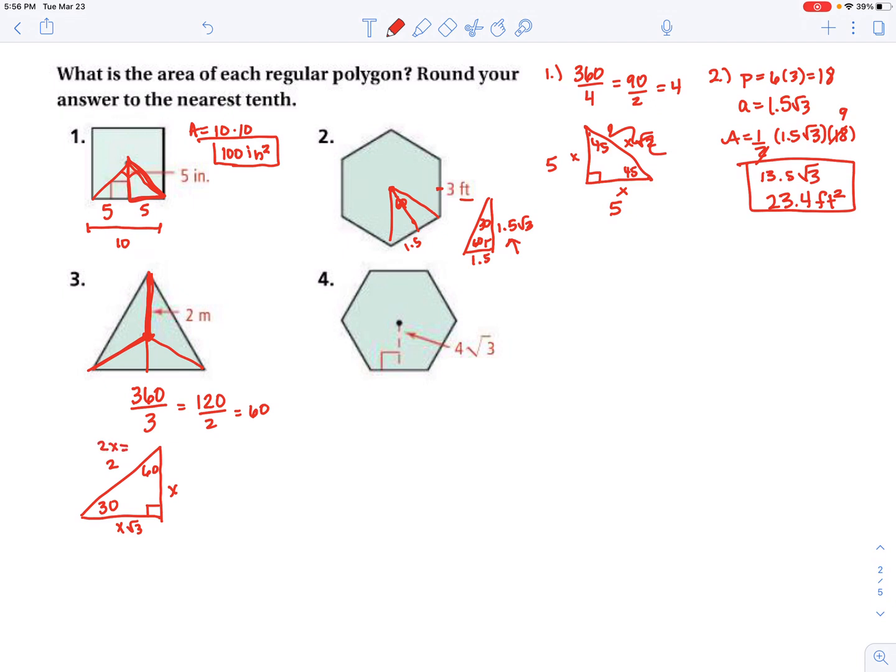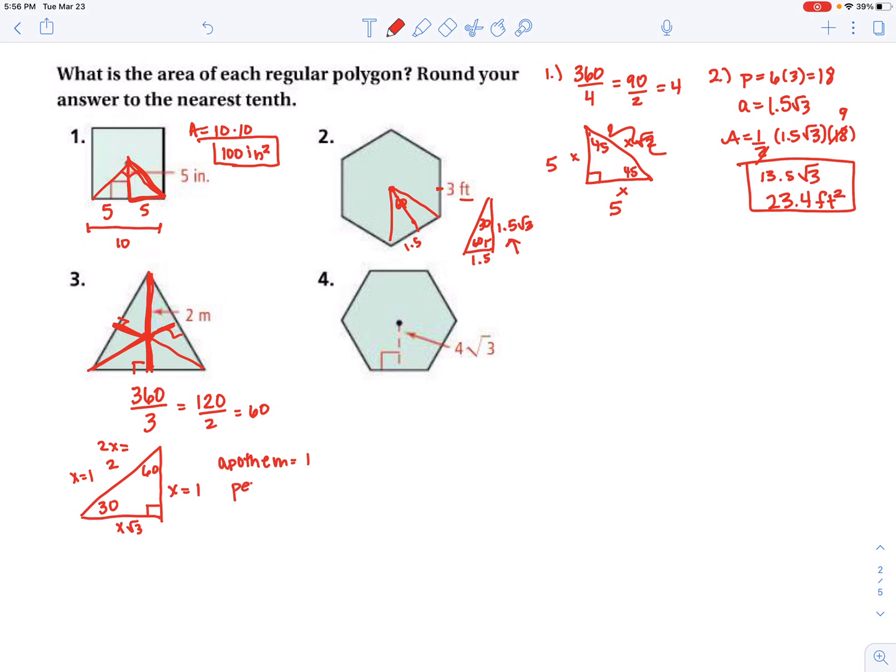So if 2x equals 2, that means x is 1. So my apothem is 1, because it's at height, right? And that would be the same everywhere. Right here, that's perpendicular. So the apothem is 1.